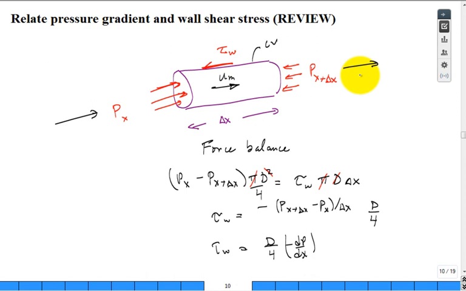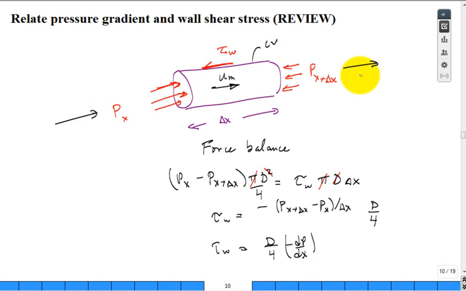Because of that, for the entire control volume, the sum of the forces acting on the surfaces of that control volume must balance. The internal force is neglected because I'm not going to put it where gravity is pulling it one way or the other. Put it in a horizontal pipe. There needs to be a net force balance on it.